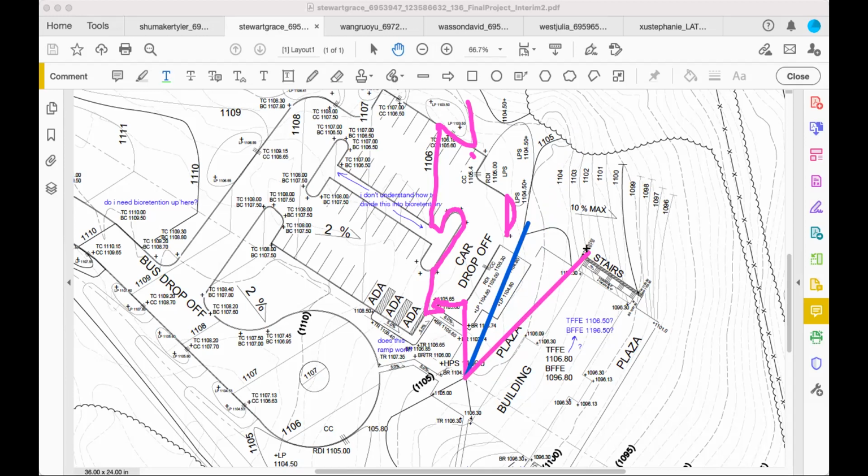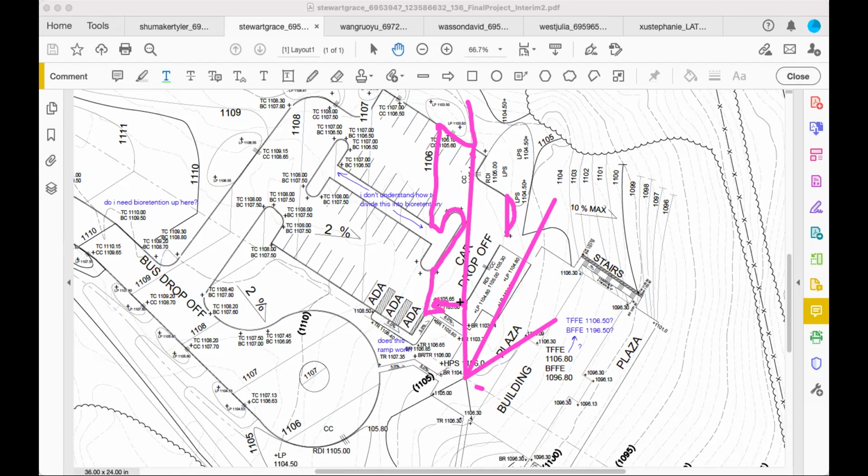In that case, why don't we change the direction? It's better if we change the direction. So make it like that. Then offset this by 50.